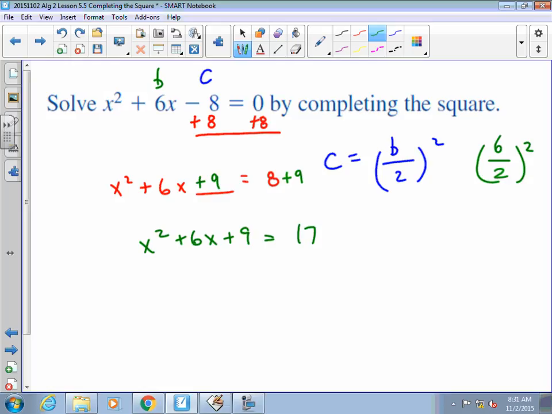So now, take your perfect factors out and write this perfect trinomial as the square of a binomial. Take 20 seconds to do that.